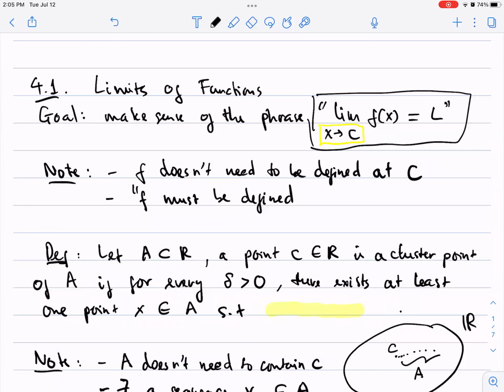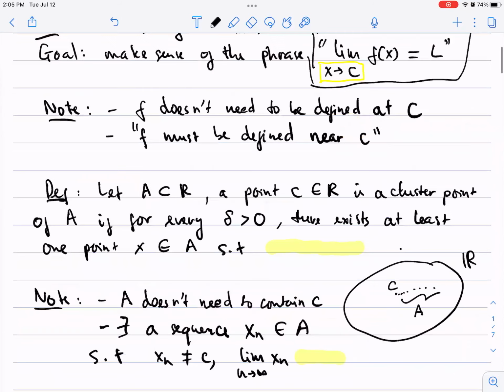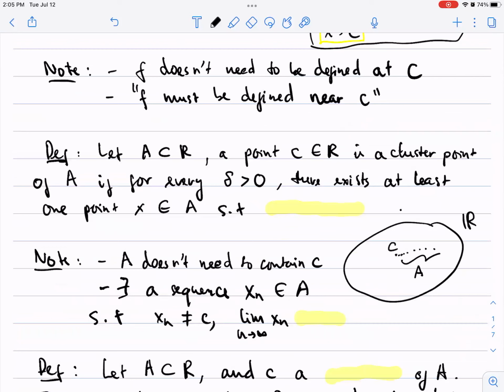However, f must be defined near the point c. So this is a very delicate issue. It is actually associated with the notion of a cluster point, as defined as follows.